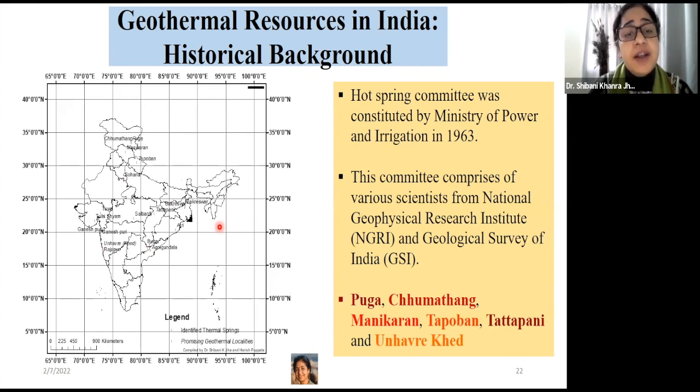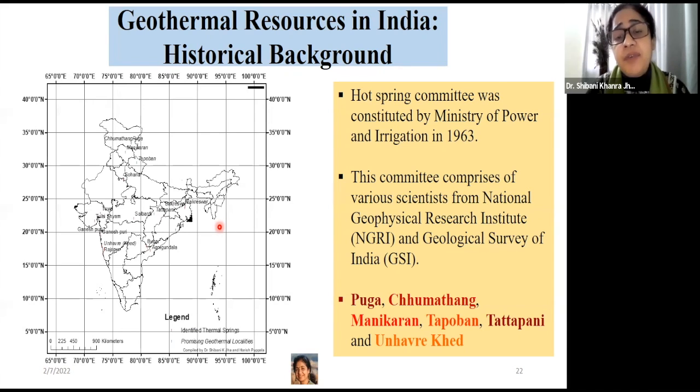They identified almost 340 thermal springs all over the country. At the same time, they also identified some promising geothermal provinces, fields, and localities.